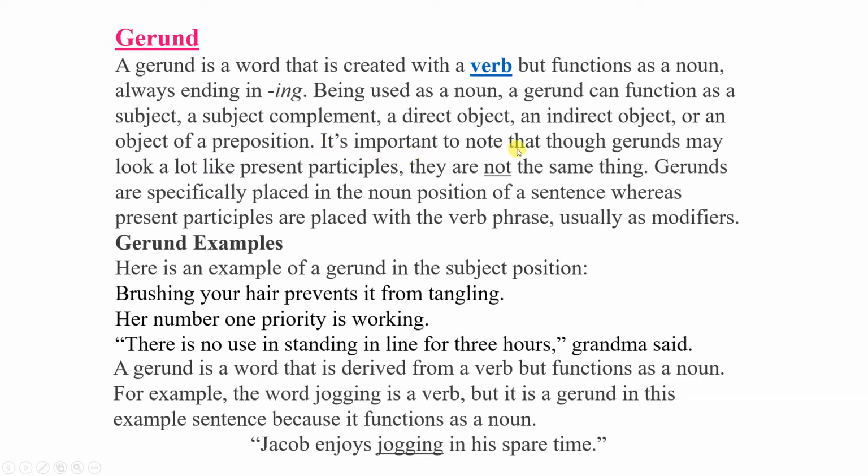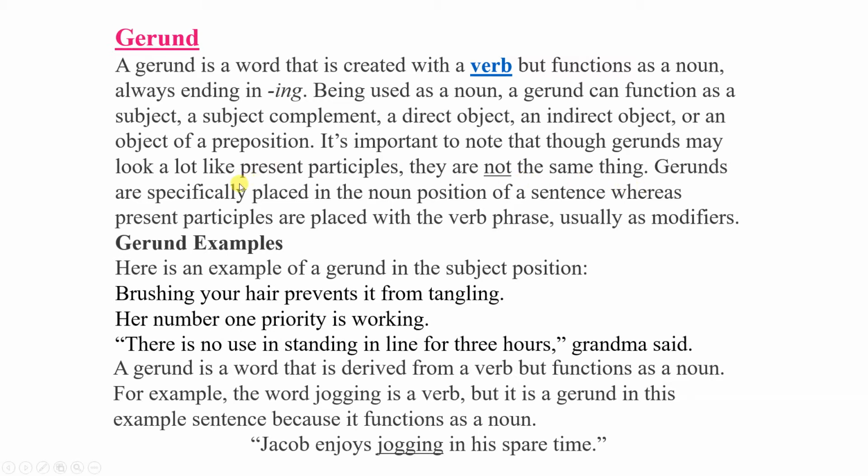So it is important to note that though gerunds look a lot like present participles, many of the time students are having confusion about present participle and gerund. But if you understand the function of that particular word in the sentence, you will understand gerund very immediately. If it is working as a noun, then it is gerund. They are not the same thing.